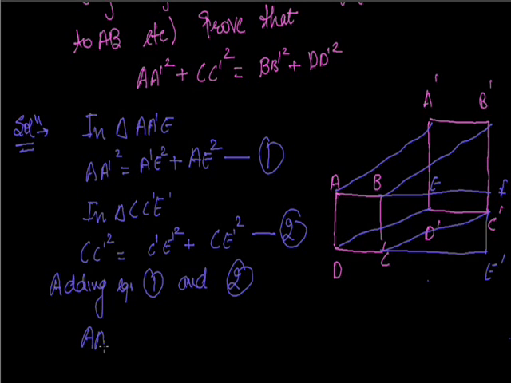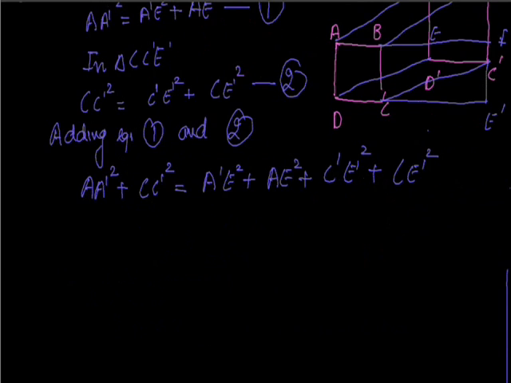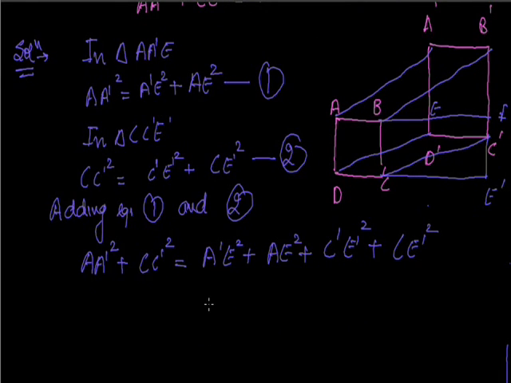Since we want A' square plus C' square, we have to add these two equations. So we will add and write it as A' square plus C' square, which is equal to AE square plus C'E' square plus CE' square. Okay, LHS comes, but we have to find out the RHS also. A'E is equal to B'F, since ABEF is also a square.